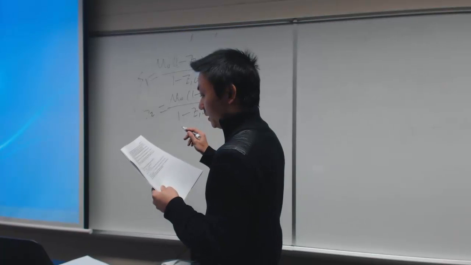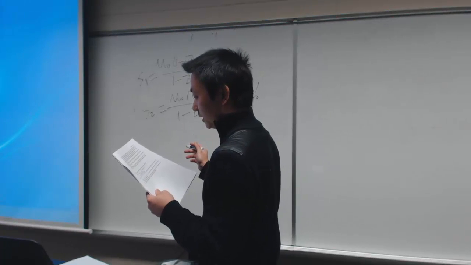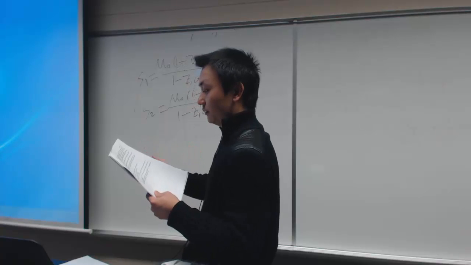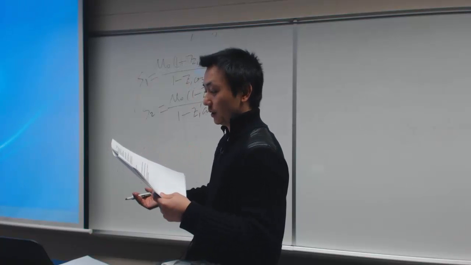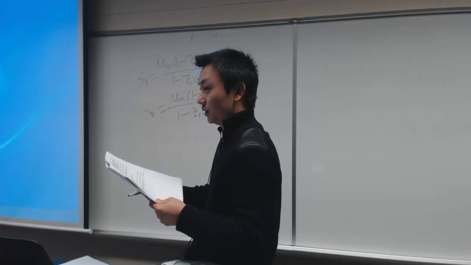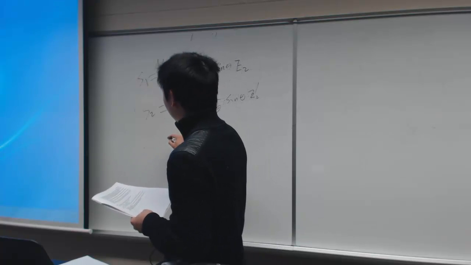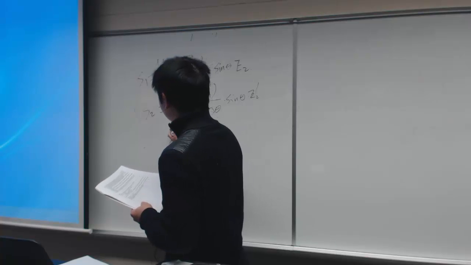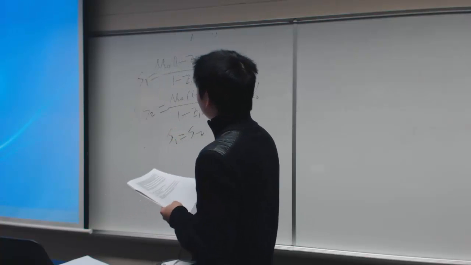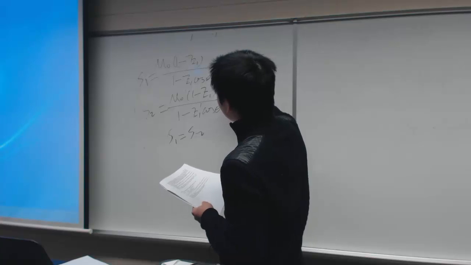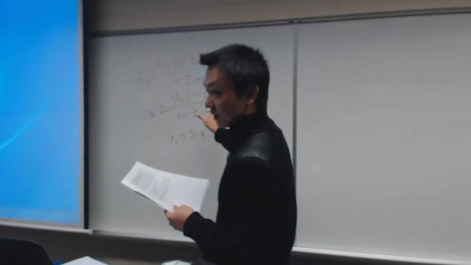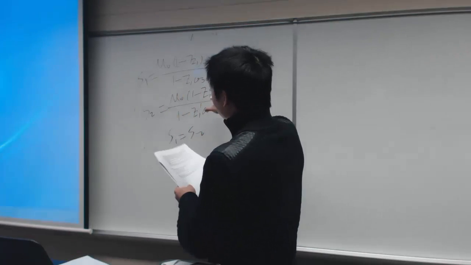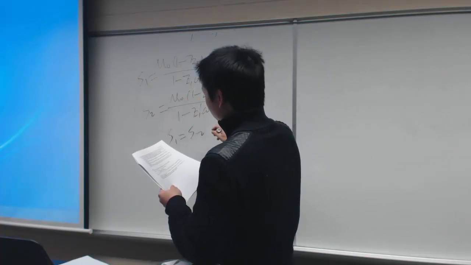And okay, so the third question: what is the flip angle when there's no signal contrast between the two tissues? That means in that case S1 equals S2. So this one equals this one, and you just move terms over and you can get the result.